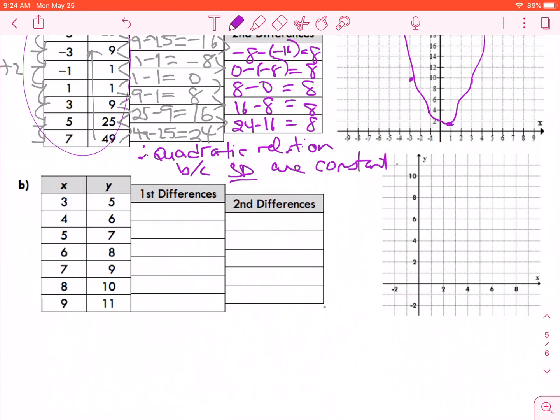We'll go through B very quickly. This one's a little bit easier to determine because you can visually see that all the x's go up by 1 and your y's, 11 minus 10 is 1. 10 minus 9 is 1. 9 minus 8 is 1. So you already catch the drift.